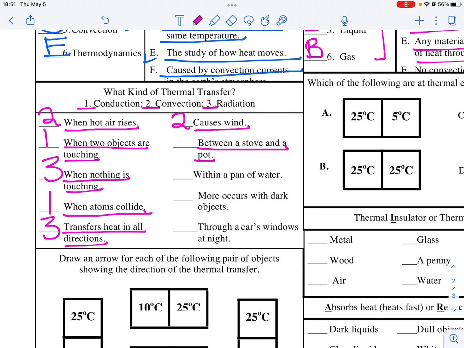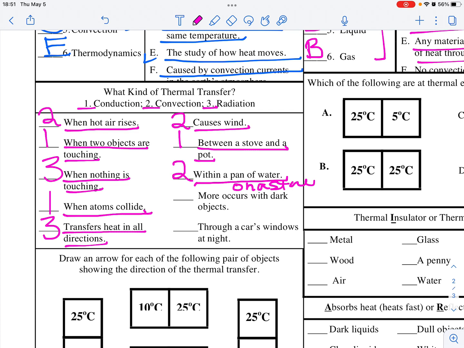What occurs between a stove and a pot? These are touching, so that will be conduction. Within a pan of water, and I'm going to make a pan of water on a stove. So it's a pan of water that's heating up.